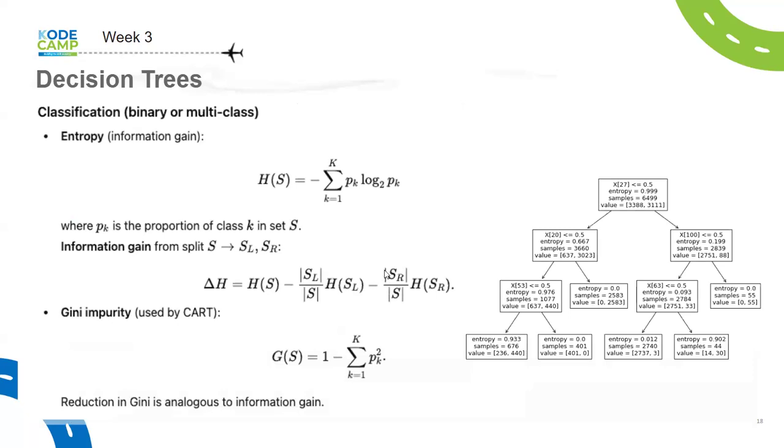So I'm going to try to explain all of what I said. If you look at this, you have a decision tree here, and you have entropy. Entropy is called information gain. It's basically a measure of how much additional information you have gained from the features.